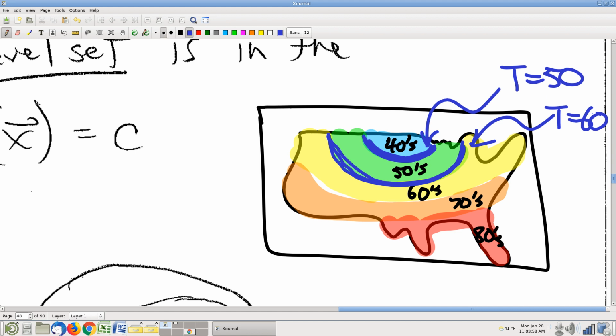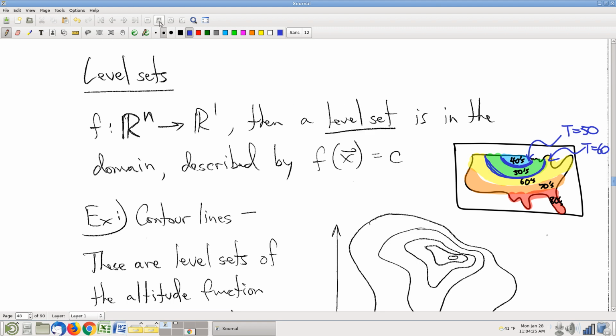It'd be a nightmare of inconvenience trying to communicate with a three-dimensional surface. Everybody see the problem? This is actually easier in that context. So level sets are a wonderful tool, a very convenient, very sensible way to describe functions in different situations. Okay. Alrighty.